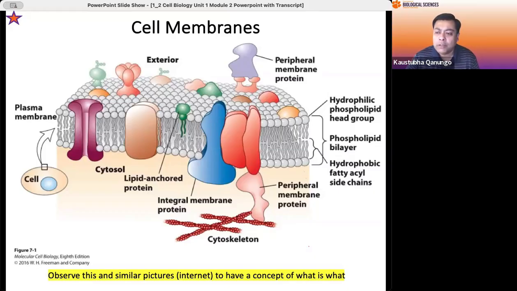What we call the outer layer is the exoplasmic phase, which is facing the exterior. On the other hand, this leaflet, which is half of the phospholipid bilayer, we call the cytoplasmic or cytosolic phase.